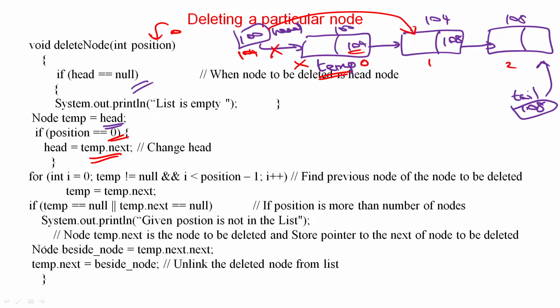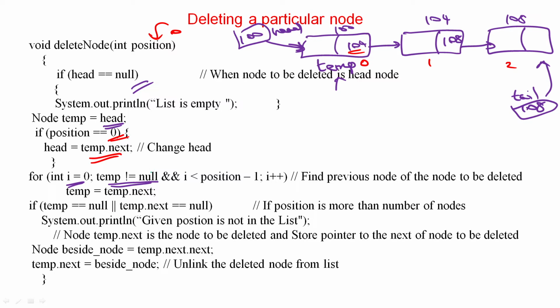If position is not equal to 0, what will happen? We make i equal to 0 and loop while temporary is not equal to null. Look here, this is the temporary. The first node is the temporary now. Is it null?